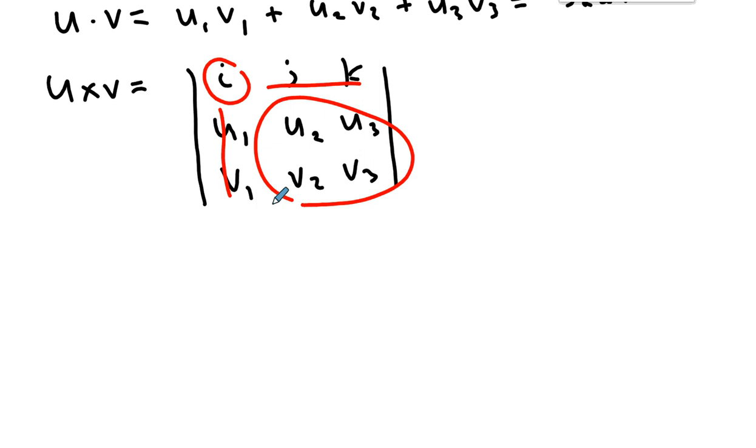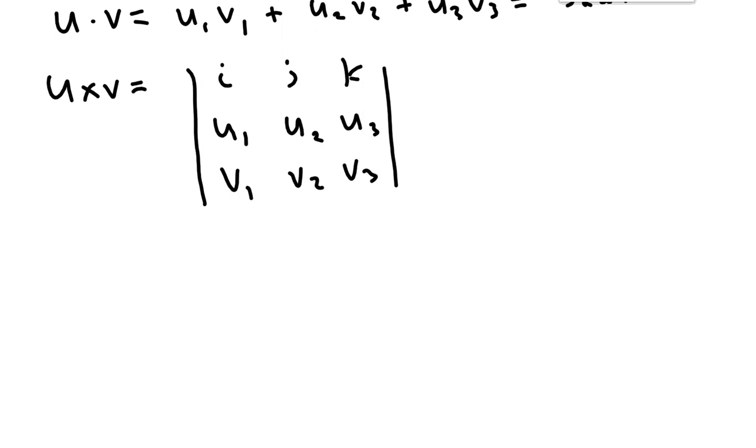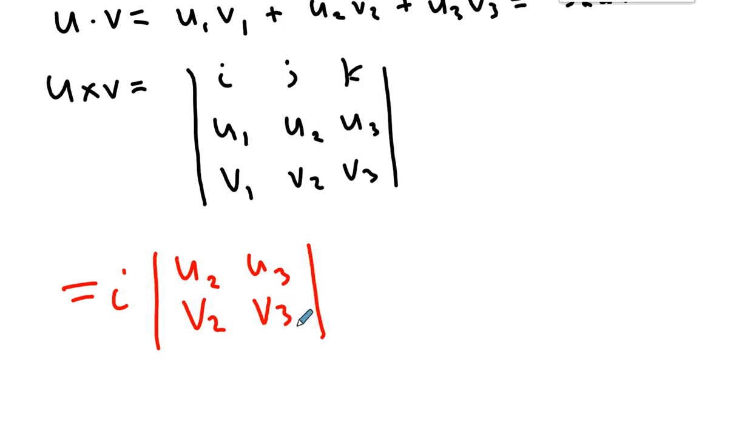So that's how it works. So watch what I'll do. I'm going to undo those things, and this is going to equal, I'll do that one in red, i times its minor, which is u2, u3, v2, v3. If you remember, those were the 4 components that were left when I cross out the column with i and the row with i.